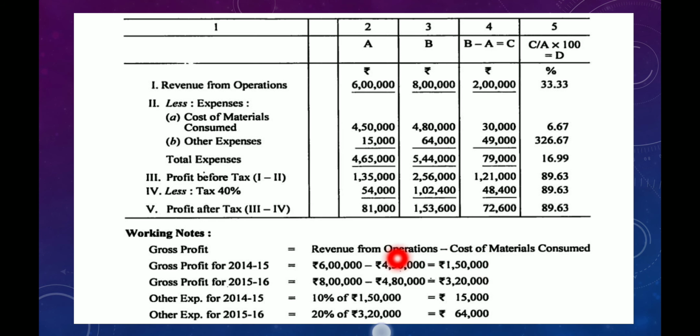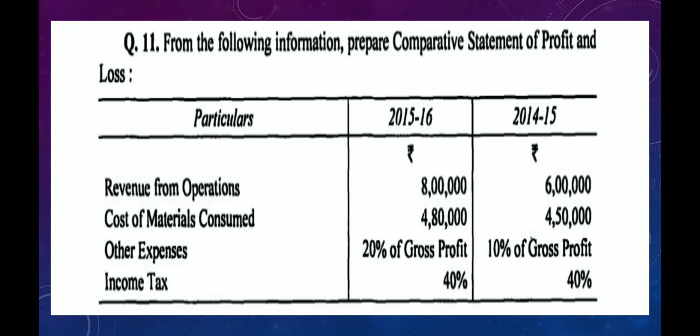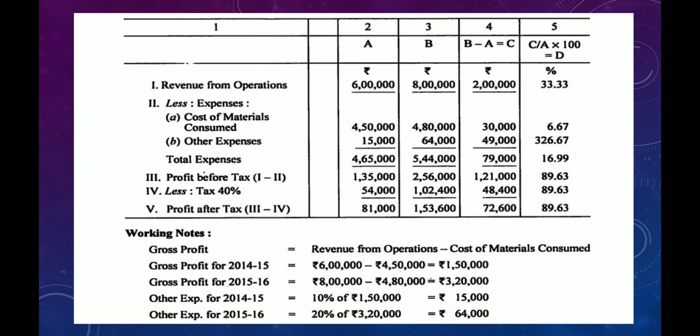Okay. In the question it is given that other expenses are 20% of gross profit in the current year and 10% of gross profit in the previous year. So 20% of the current year's 3,20,000 is 64,000, and 10% of 1,50,000 is 15,000.